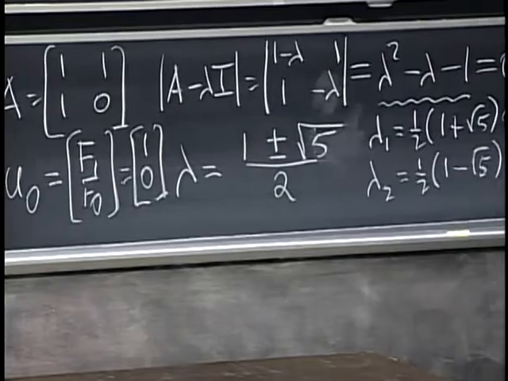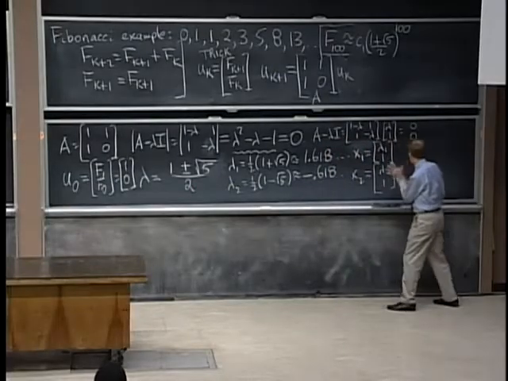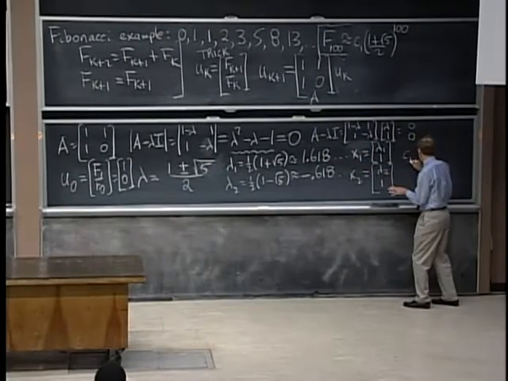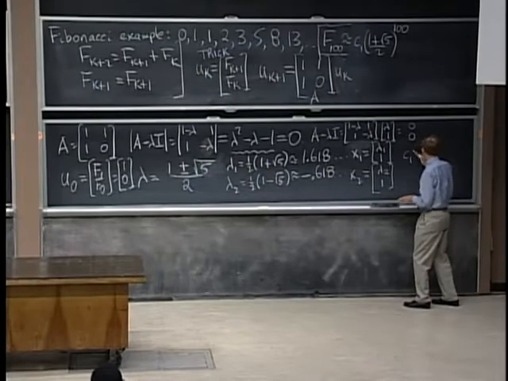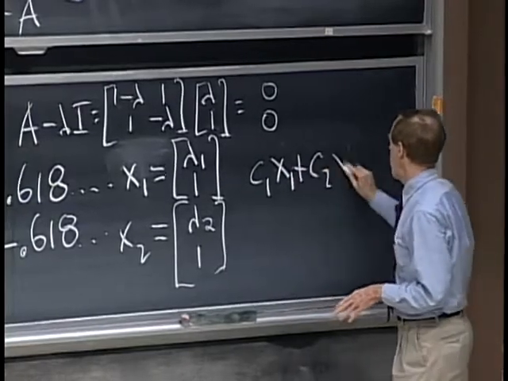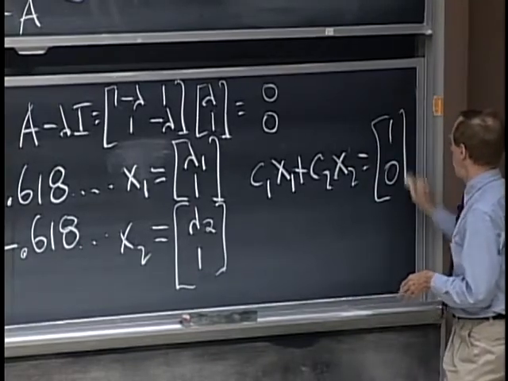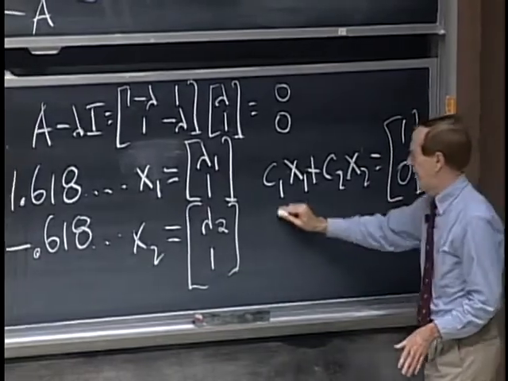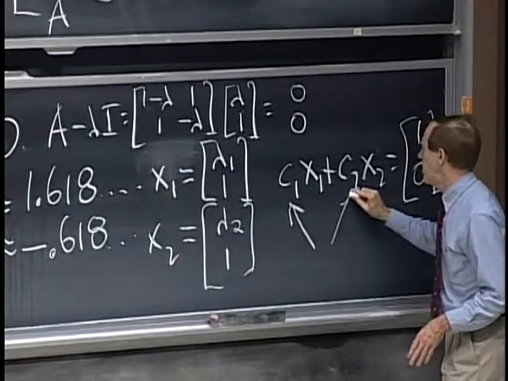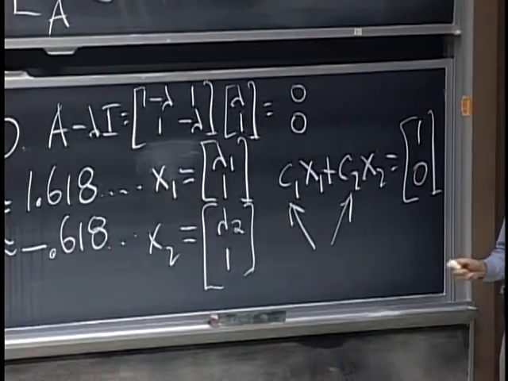So I have to look for a multiple of the first eigenvector and the second to produce u0, the (1, 0) vector. This is how we'll find C1 and C2, and then I'm done.